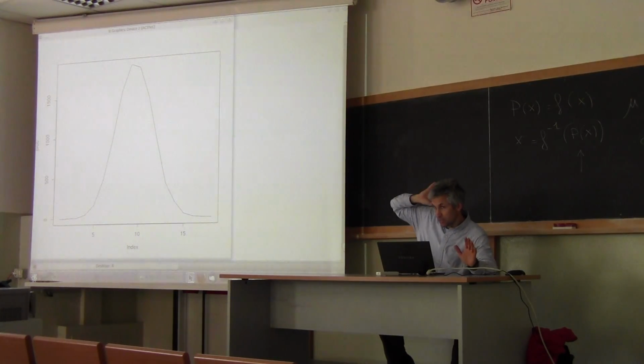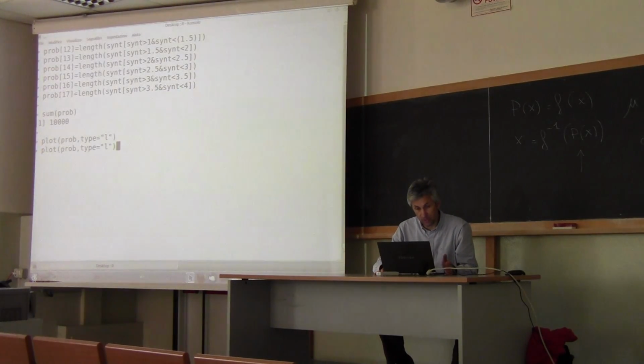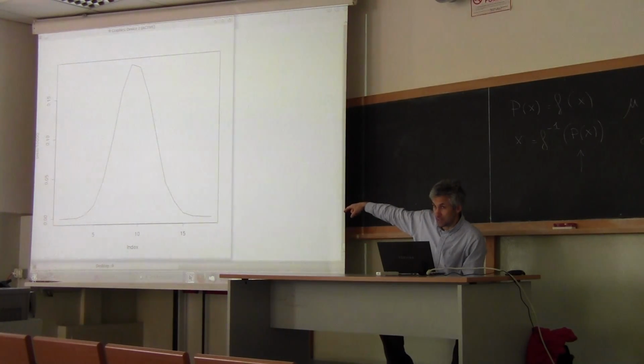You see that this is nothing meaningful because I didn't divide by 10,000, so it's not relative frequency, just the number of counts in each of the bins. If I divide by the number of observations to get the relative frequency, now I get the relative frequency, but still you see that the area behind this density, this distribution, is not one, it's more than one.